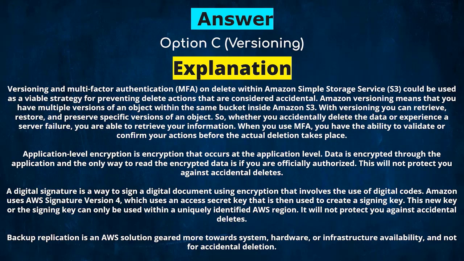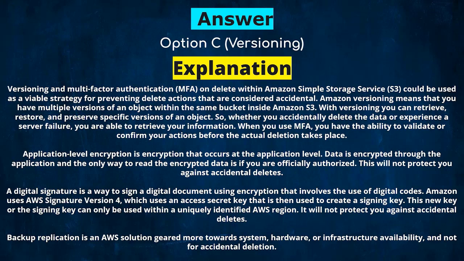So, whether you accidentally delete the data or experience a server failure, you are able to retrieve your information. When you use MFA, you have the ability to validate or confirm your actions before the actual deletion takes place. Application level encryption is an encryption that occurs at the application level. Data is encrypted through the application, and the only way to read the encrypted data is if you are officially authorized.